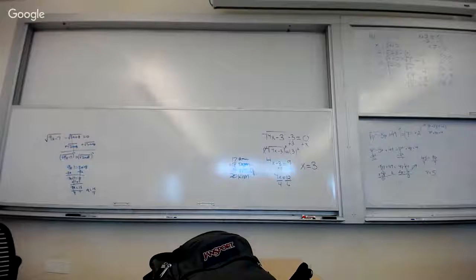We want to rationalize the denominator, so we multiply by whatever the root is in the denominator. So what's the numerator? It's 5 root 7.